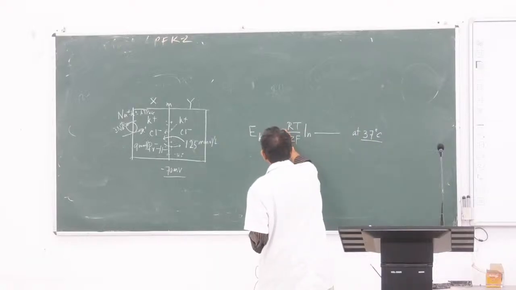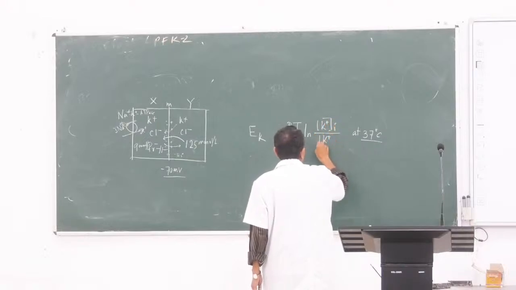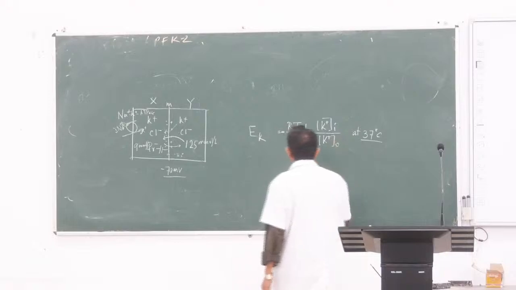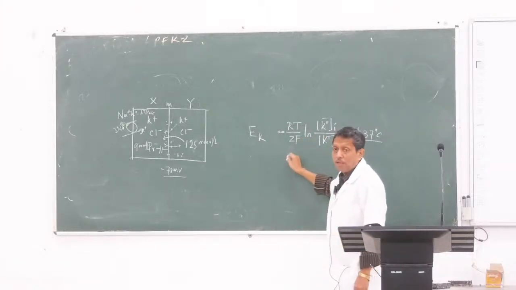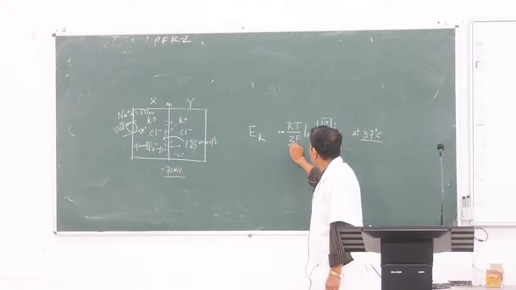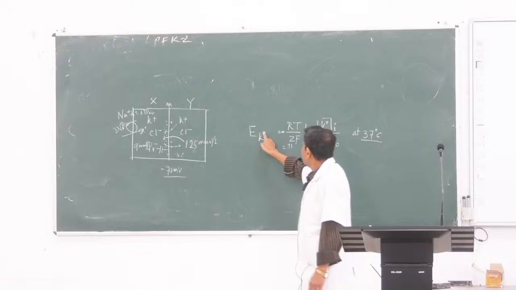Then you give a negative sign and potassium concentration inside divided by potassium concentration outside. Because it is a positive ion, Z is equal to +1, and you get the EK.